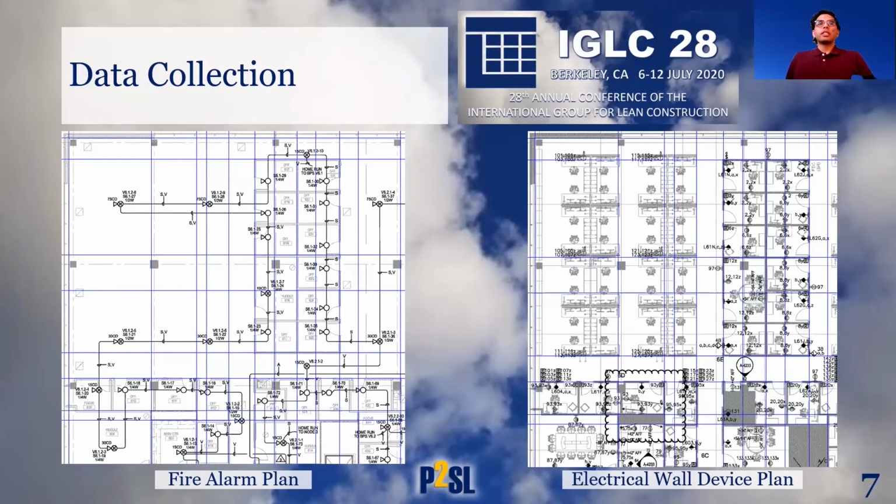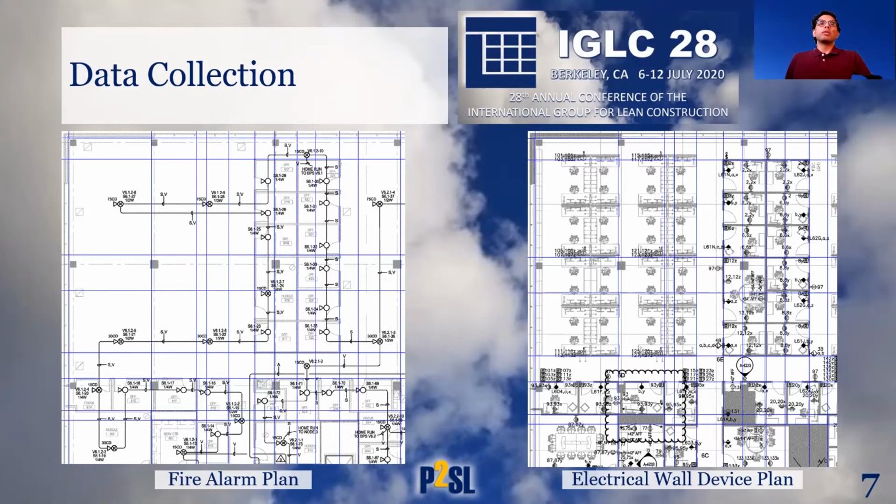For the production rate, discussions with the trades and the crews tell the expected value, which might come from their historical data or experience. For the quantity of work, the tool takes floor plans from various types of work and takes the quantity takeoffs from there.